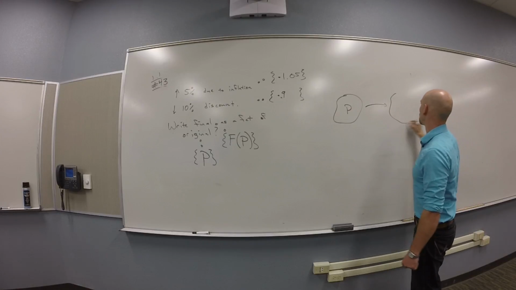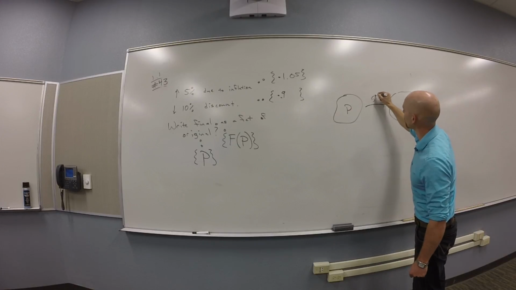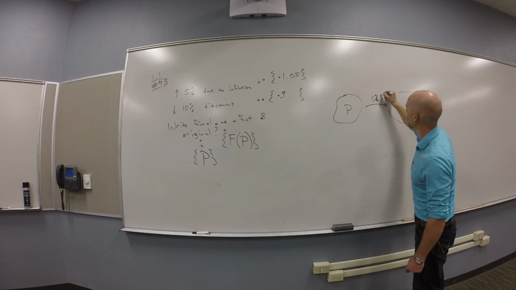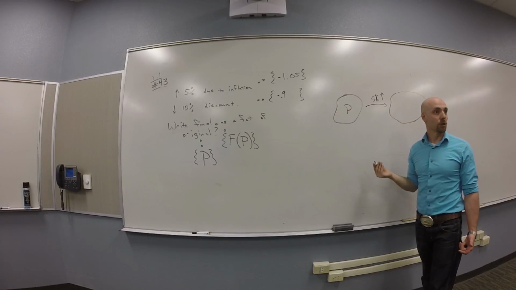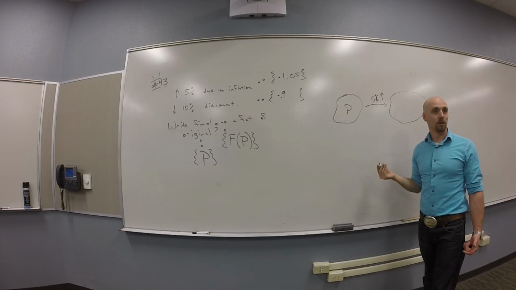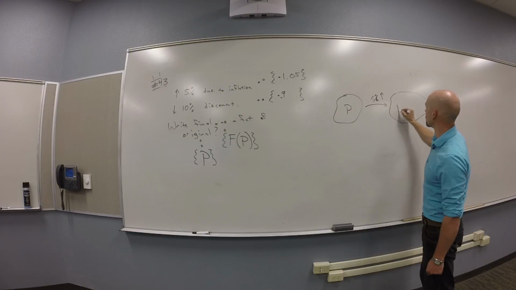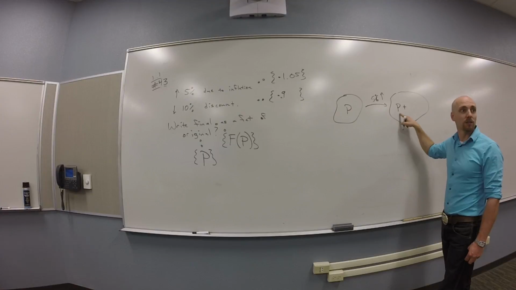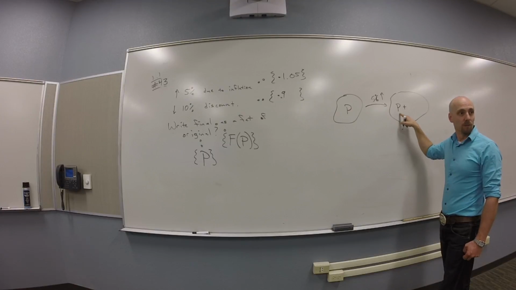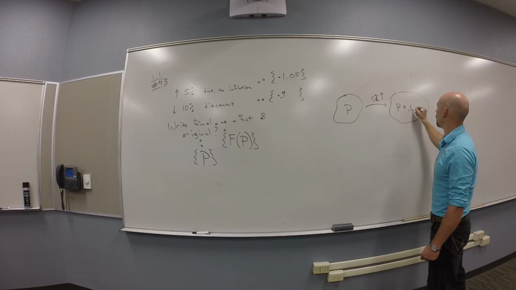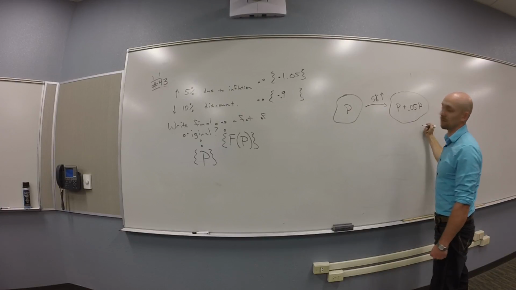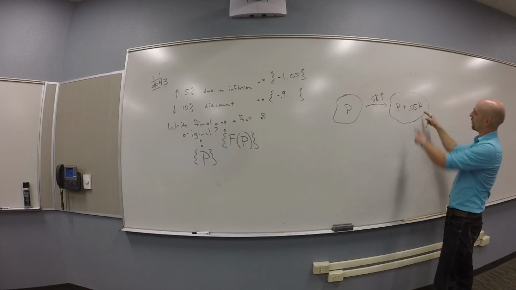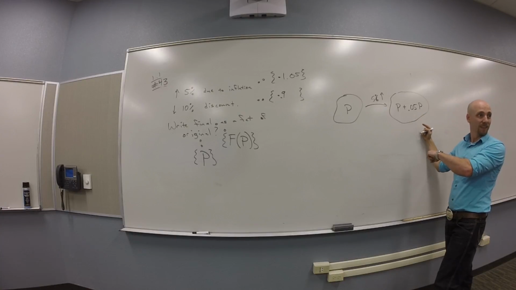So if I want to start with P, this should be my 5% up. That's the first thing that happens in my function, right? One way to go 5% up is to do P, where you started, plus 0.05 P. And then you can factor a P out of this and combine like terms.